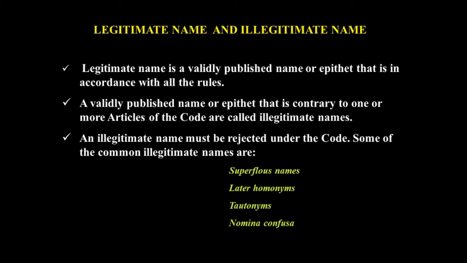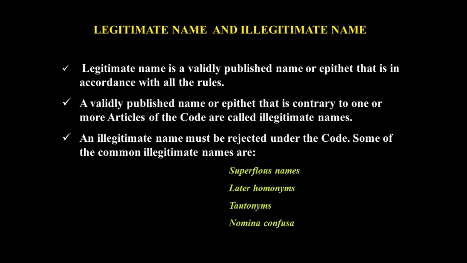Then later homonyms. The same name applied to different taxa based on different types. That is homonyms. So the later homonyms are illegitimate. A tautonym is different. When the specific epithet of a species repeats exactly the generic epithet, that name is known as a tautonym.